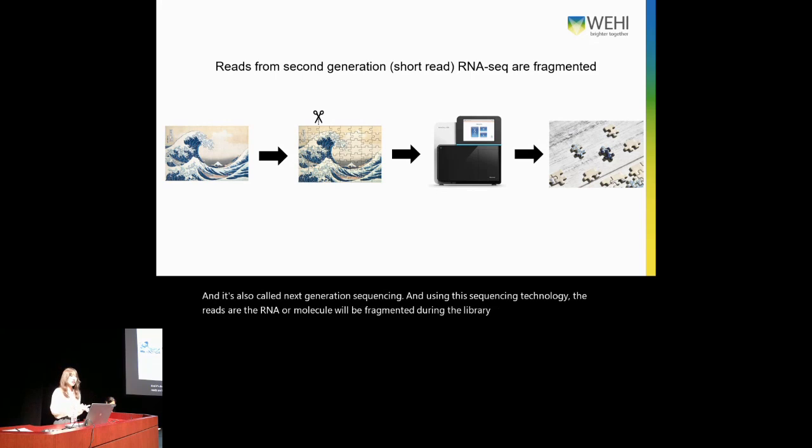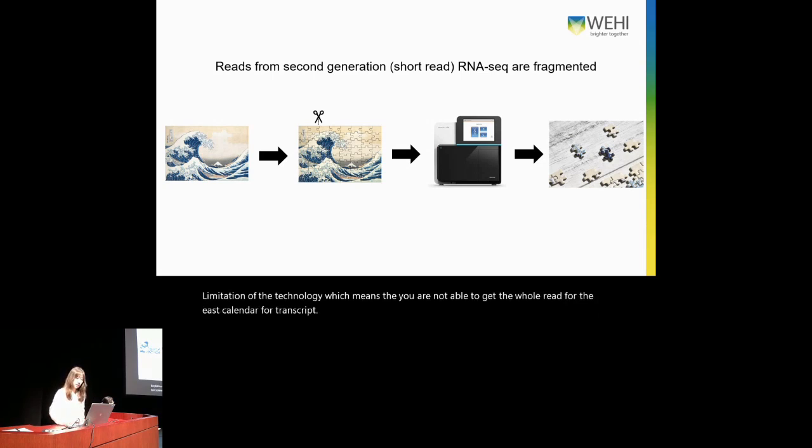So the data we get are fragmented pieces of the transcripts, which means that, due to the read length limitation of the technology, you are not able to get a read that covers the full transcript.